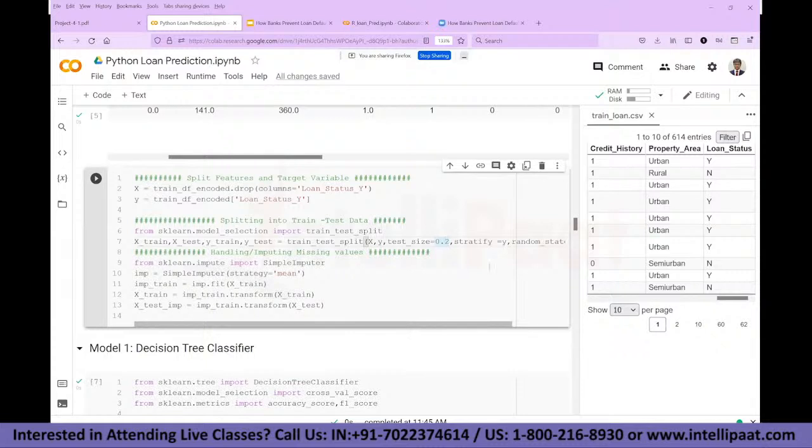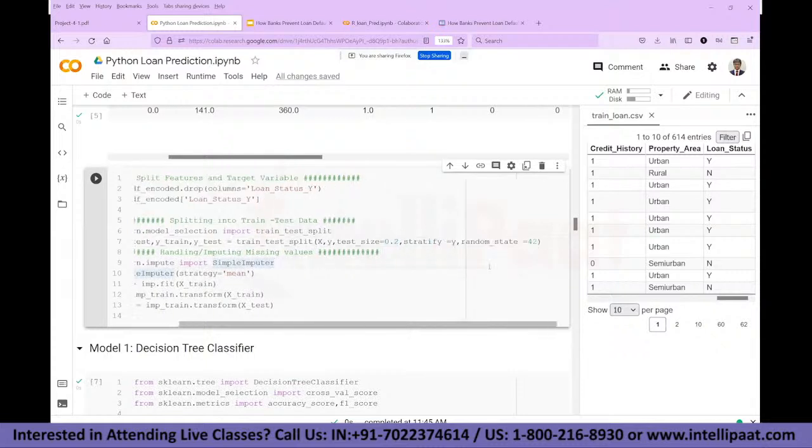And there are some other parameters required. Similarly, random state 42. That means whatever output I get from train test split, I should get the same output every time I run this code. What happens is this train test split happens randomly. Sometimes it will take the first 7 rows as train and the next 3 as test.